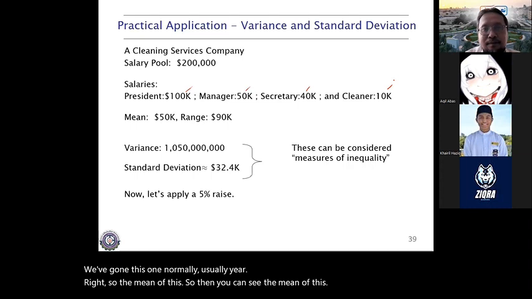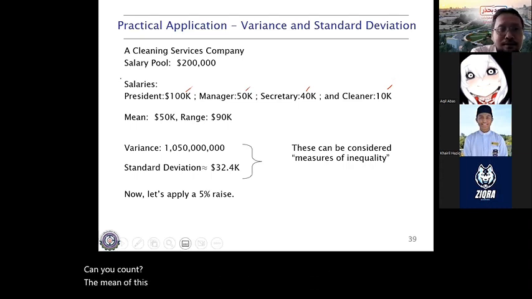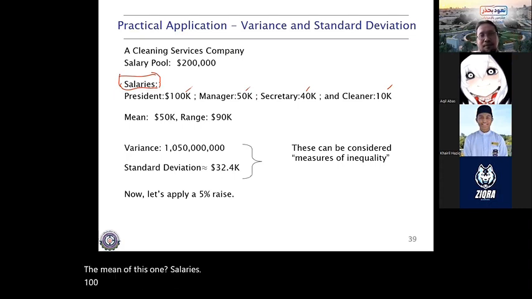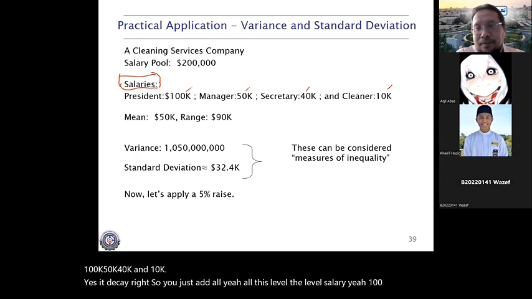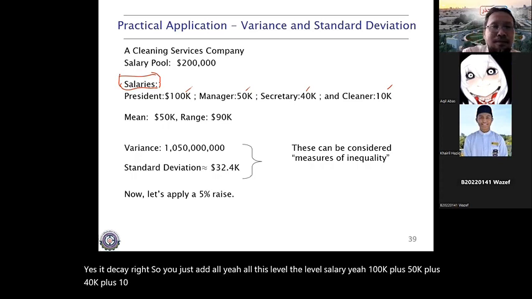Can you count the mean of these salaries? 100K, 50K, 40K, and 10K. The mean is 50K, correct. You just add all the salaries, 100K plus 50K plus 40K plus 10K, and then you get the mean.